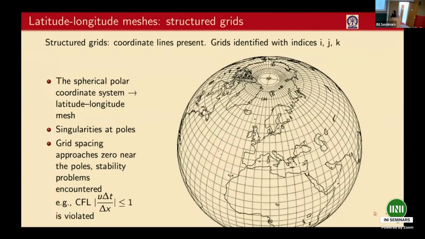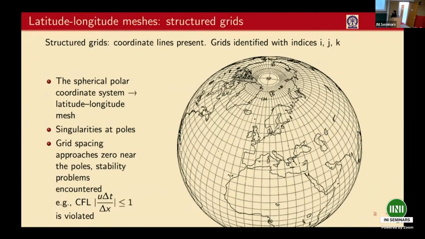So what are the general problems? I'll just give a broad overview of general problems with ocean models. On the spherical Earth, latitude-longitude grids, that is, spherical polar coordinates, were used. But there was a problem because there is a singularity at the poles, since the grid spacing progressively went to 0 as we go to the poles.